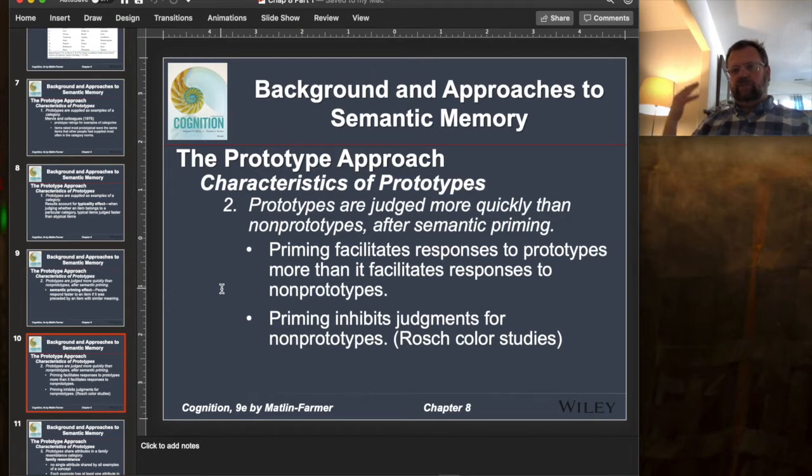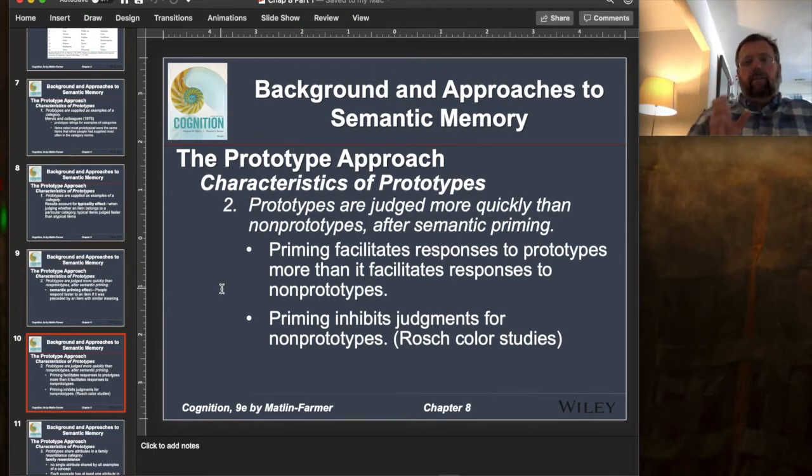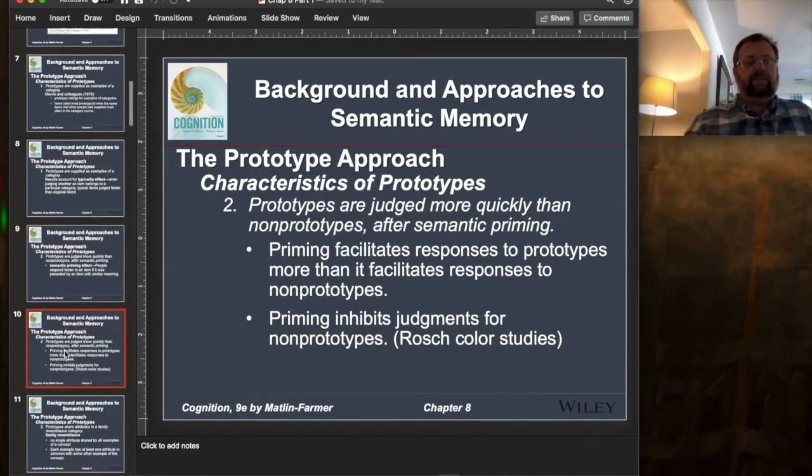It takes away from our ability to think about things that aren't part of that particular prototype. What a lot of this research shows is that prototypes are judged much more quickly than non-prototypes, because they come to mind more and they're more a general part of that particular category.